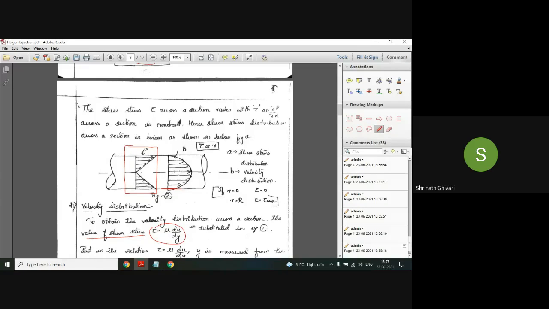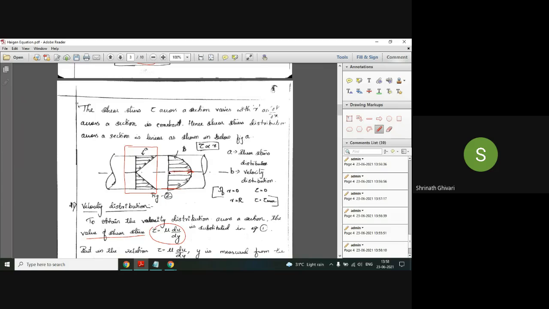So here it means that in this diagram, at the center of the pipe or circular pipe, the fluid is moving with maximum velocity, but near to the wall, the velocity is 0. It is going on increasing.